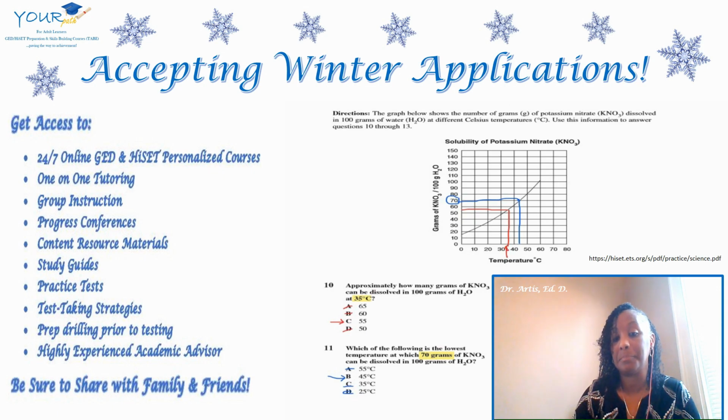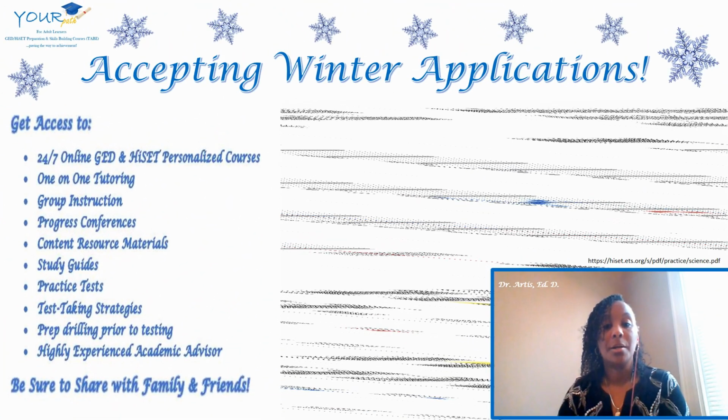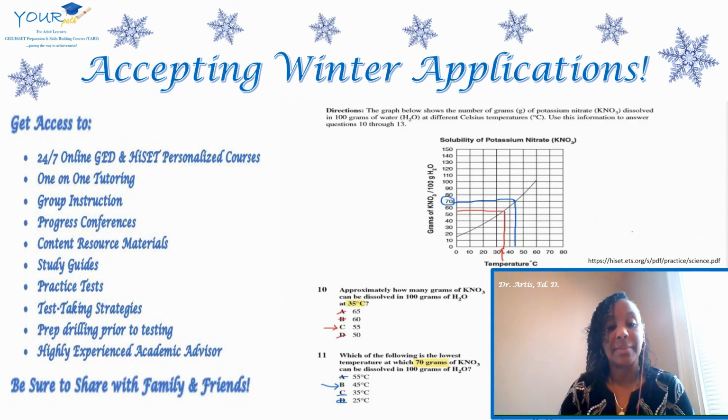Now, I do hope that this lesson was beneficial for you. And what are the takeaways? One thing you want to know is that for these particular test items, we're not asking you about your content knowledge base in terms of what is potassium nitrate or water for that matter, or the elements. However, it is asking you to demonstrate your ability to read and interpret a graph.